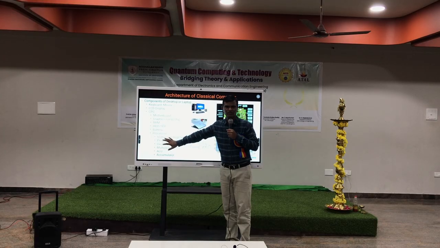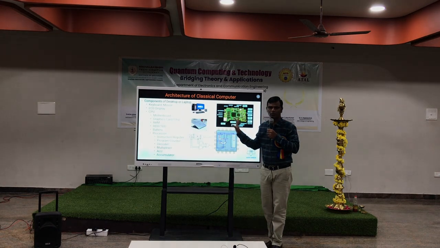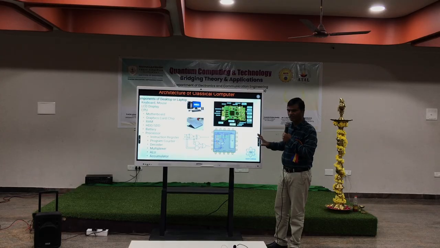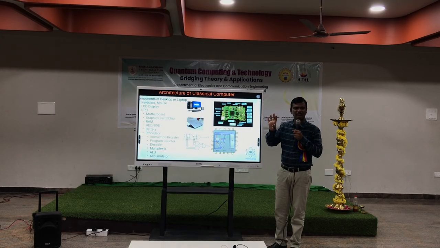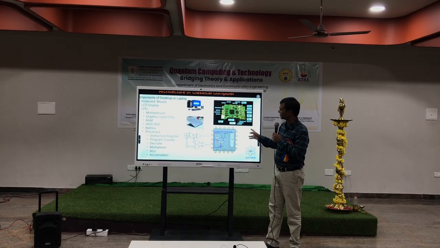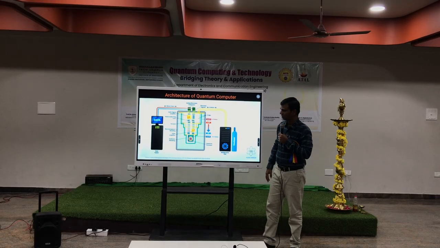It makes use of linear algebra. There you are using Boolean algebra, here you are using linear algebra. Apart from this, the architecture itself will be changed, as in the next slide you will see.